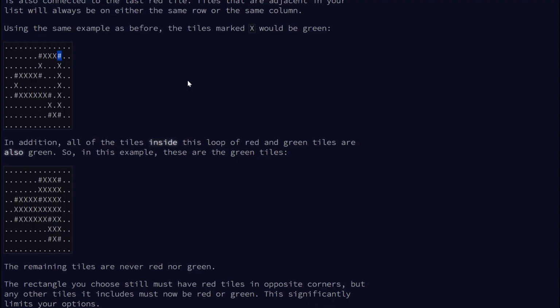I could look inside that area for red tiles, right? I think it's uncontroversial to say that if I chose the right data structure, I could do that. But how would that help me?